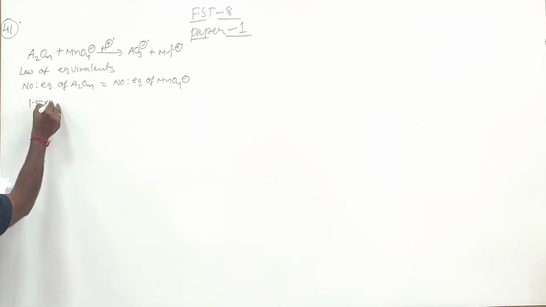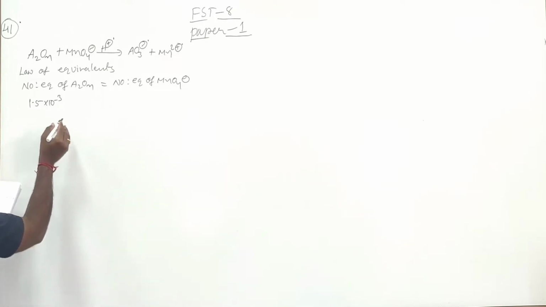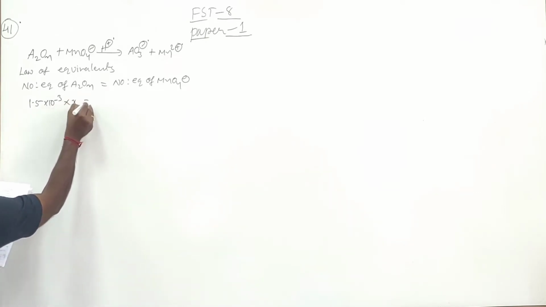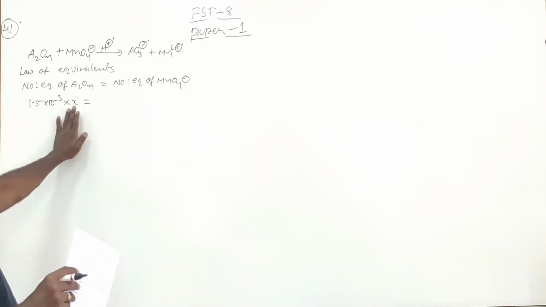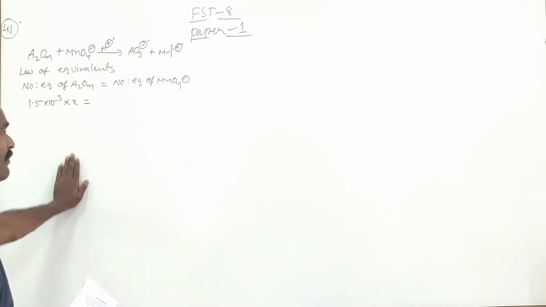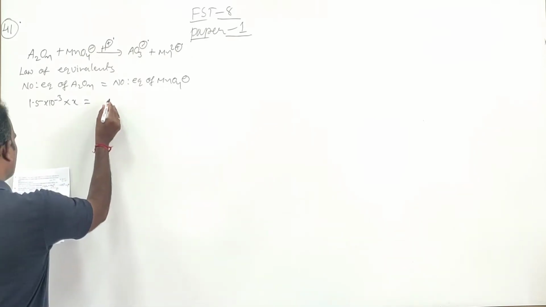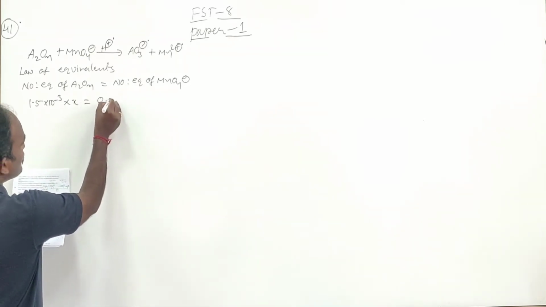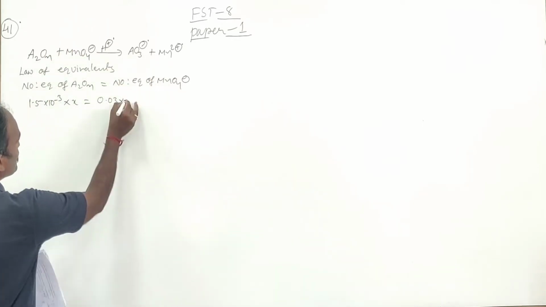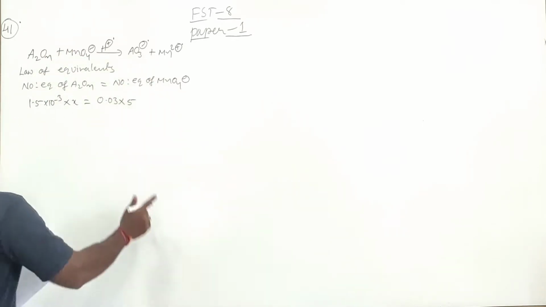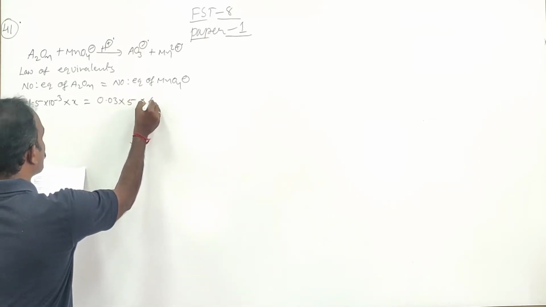So 1.5 into 10 power minus 3 moles into the X factor equals the number of equivalents, since number of moles into X factor is equal to number of equivalents. Similarly, here they have given 0.03 molarity; what is the X factor of MnO4 minus? 5, right? Normality into volume 60.